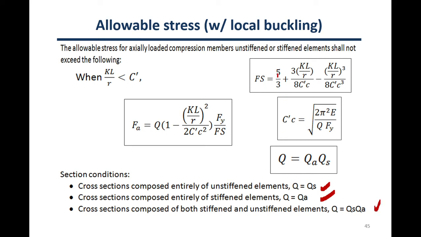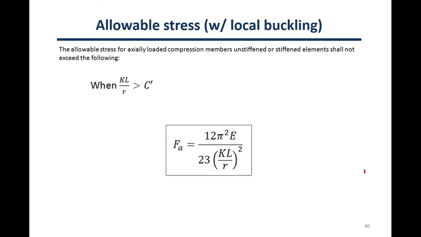So FS is 5 over 3 plus 3 KL over r, minus yan. Ito mga gagamitin natin. So Q is equal to QA or QS. Diba? So you have to check for that. And then, if ever na mas malaki ang KL over r, yan ang gagamitin natin.